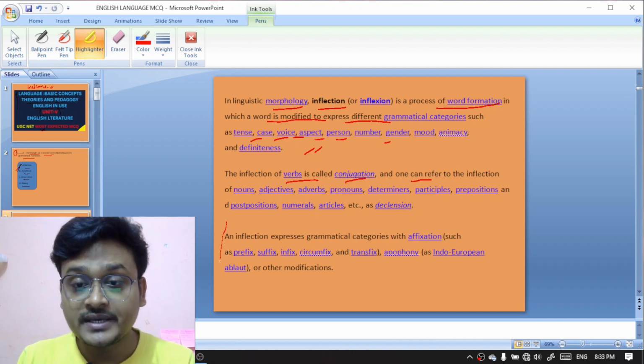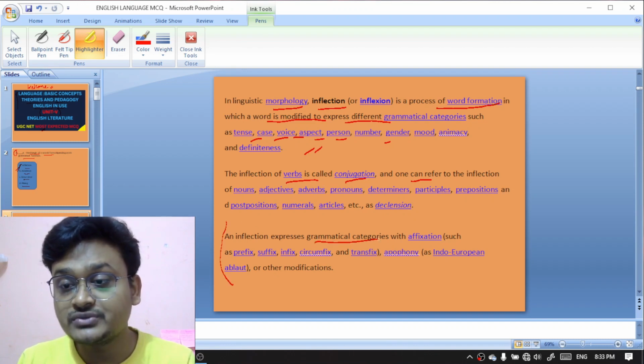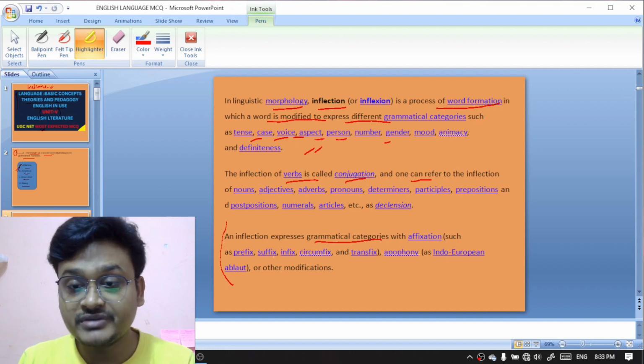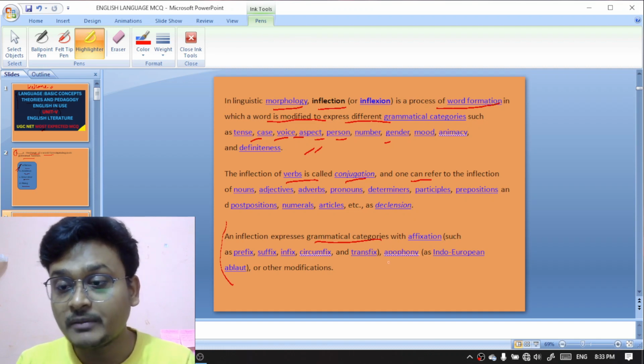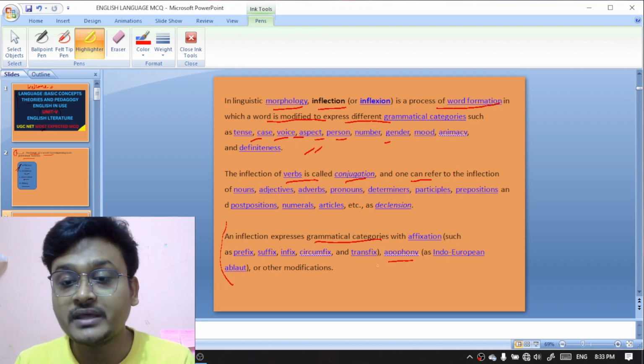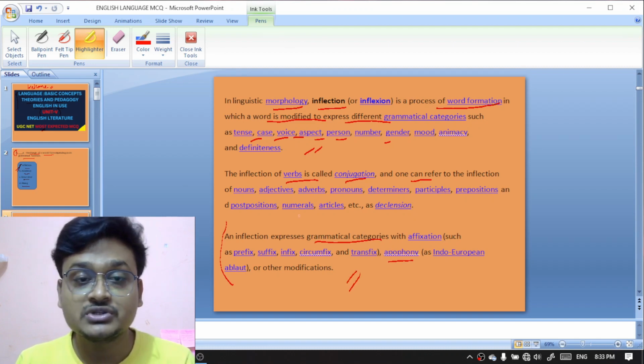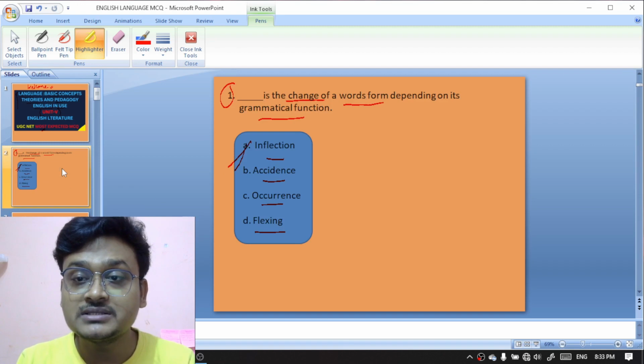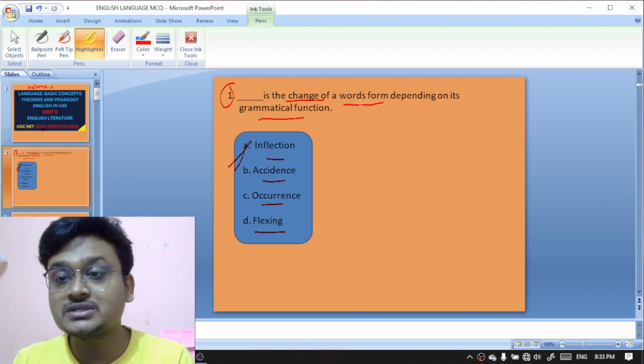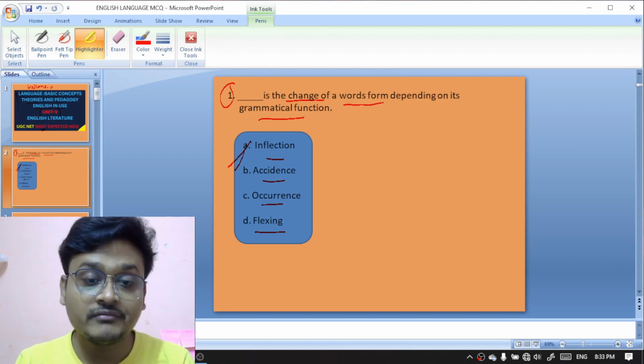An inflection expresses grammatical categories with affixation such as prefix, suffix, infix, circumfix and transfix, and apophony as in Indo-European ablaut or other modification. So here inflection means the change of a word's form depending on its grammatical function.